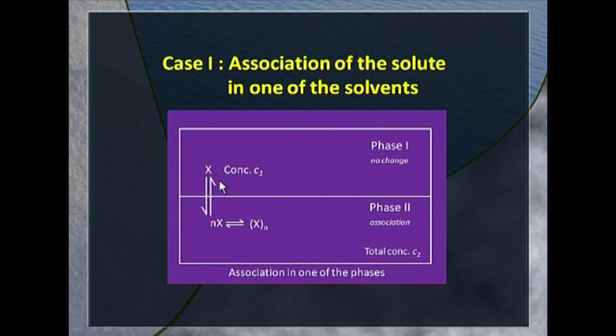Assume that it remains as such in phase 1, as we have seen, in which let its concentration be C1, and in the second phase it largely associates to give molecules of Xn. The associated molecules will exist in equilibrium with single molecules as shown earlier. Let C2 be the total concentration of the solute in this phase.